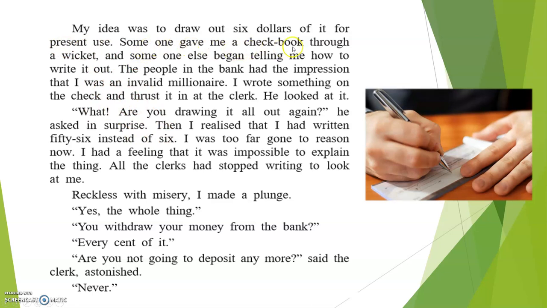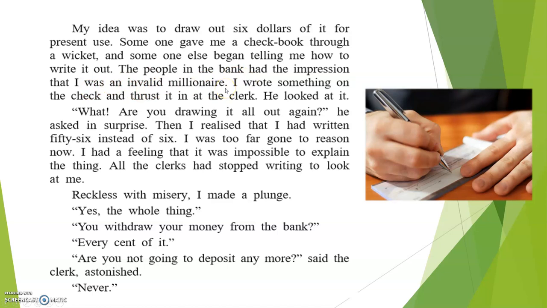So someone gave him a checkbook. You can see that he's writing through a wicket, and someone else began telling him how to write it down because he didn't know. He was so new to everything in the bank. So the people in the bank had the impression. When they looked at him, because he was depositing a big amount, okay, they thought that he was an invalid millionaire.